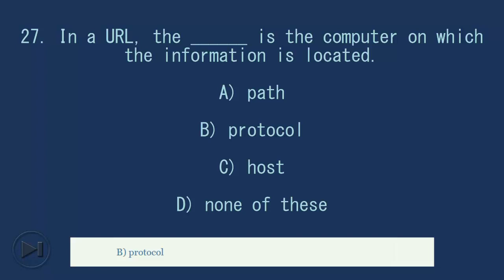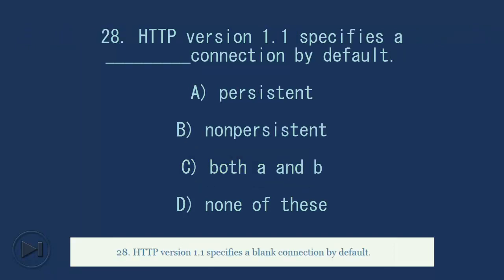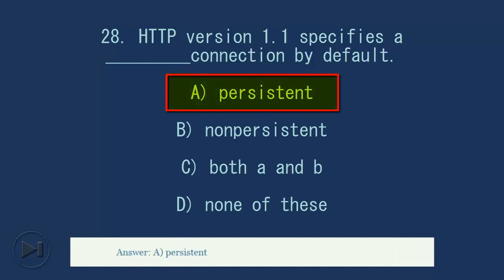B. Protocol. C. Host. D. None of these. Answer: C. Host. 28. HTTP version 1.1 specifies a blank connection by default. A. Persistent. B. Non-persistent. C. Both A and B. D. None of these. Answer: A. Persistent.